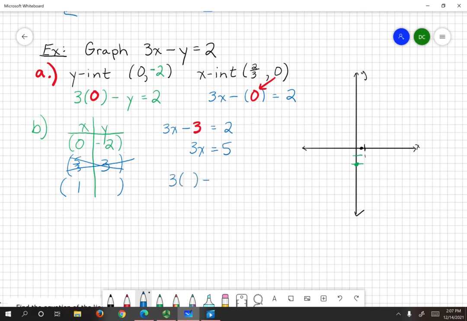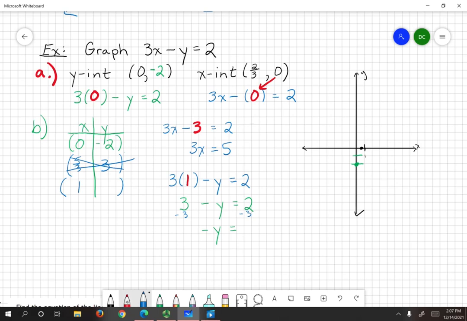3x minus y equals 2. Put a 1 in for x, and that gives me 3 minus y equals 2. Subtract 3 from both sides. Minus 3, minus 3.